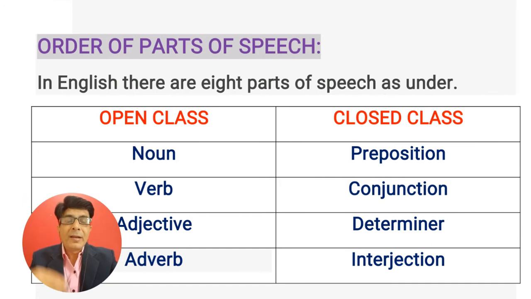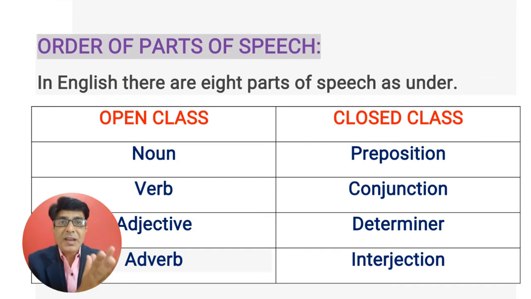Say for example, before some years there was no computer, right? बट लेटर ऑन कंप्यूटर का जब आविष्कार हुआ तब कंप्यूटर शब्द अंग्रेजी भाषा में उपलब्ध हुआ, मतलब नया नाउन, नई संज्ञा का जन्म हुआ. So when new words are added into this category, they are known as open class parts of speech.